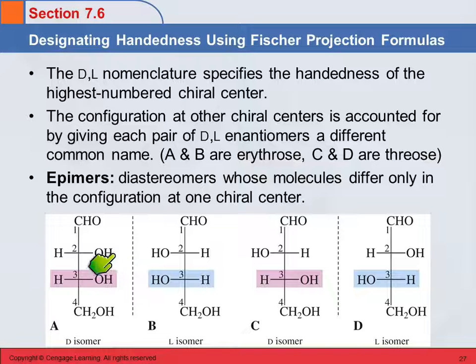These guys are erythros, the D version and the L version. And these two are threos, the D and the L version. The IUPAC name for these, not considering the chirality, would be the same, because you have hydroxy groups on the same carbons, but they're oriented differently in space because of the chirality.